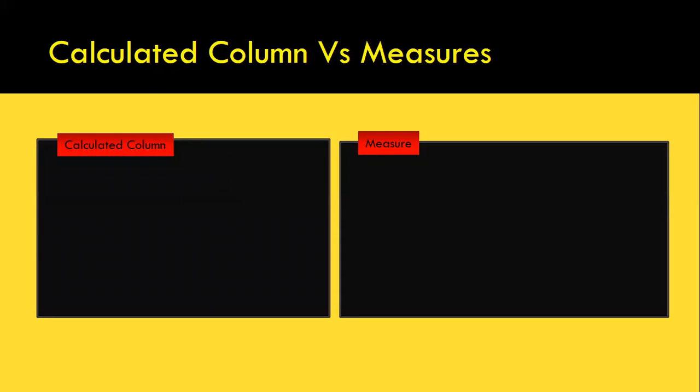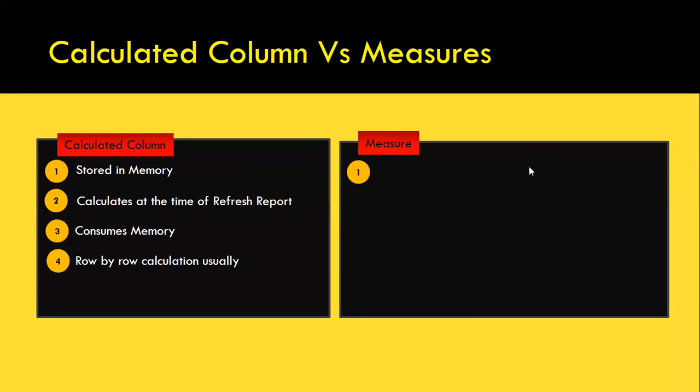When you create a calculated column, it will become part of your table. Pretty simple, right? And hence it is stored in memory. Since the calculated columns are part of your table, they are stored in memory. Whereas a measure is not stored in a column, so it is not stored in memory.